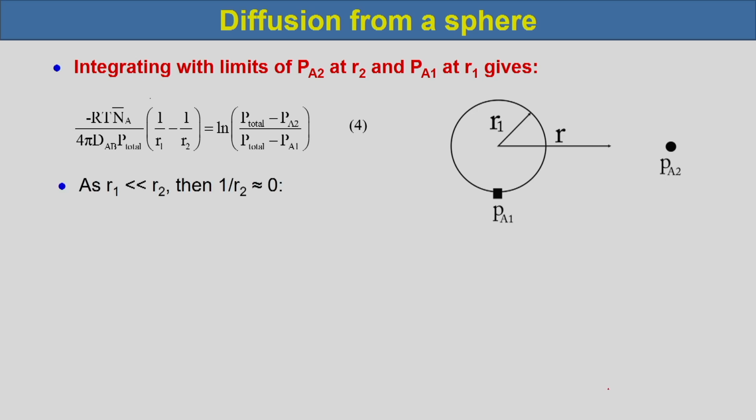Now, as R1 is very much less than R2, which is far away, 1 by R2 would be approximately equal to 0.